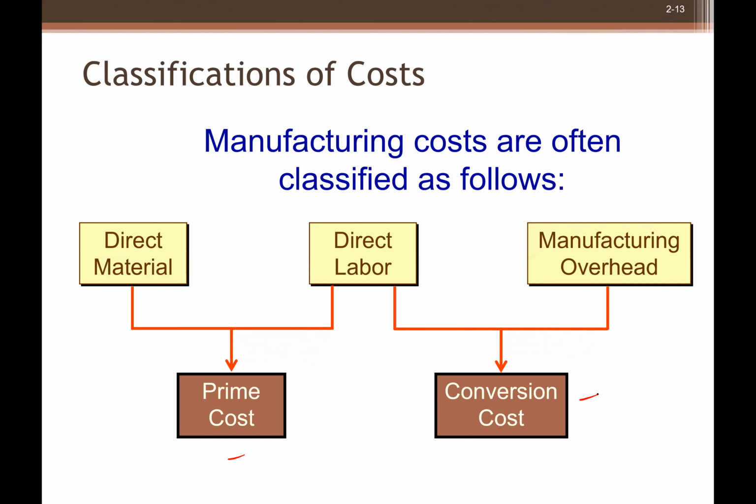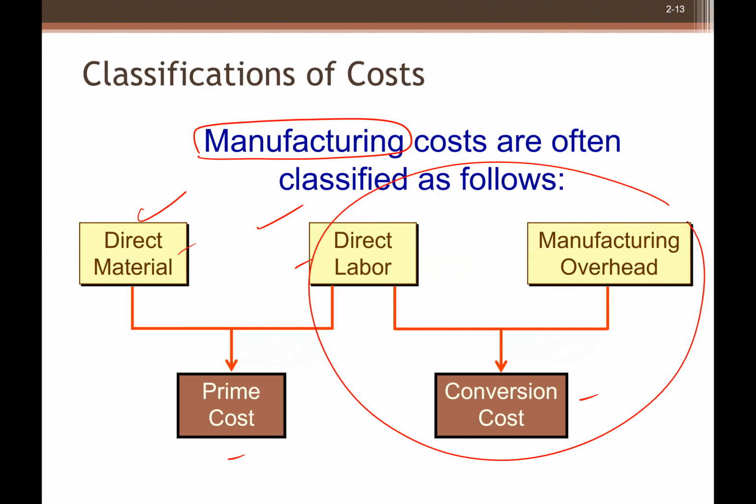So that the managers or managerial accountants can easily segregate whether we can control our cost or not. If they are a manufacturing business, they would be worried about prime cost. Why? Because in manufacturing, you need raw material and direct labor is going to be very high. So the manager's focus would be on decreasing the cost of either raw material or direct labor. And if the manager is in the high-tech or software industry, then he would be worried about conversion costs because direct material is very minimal to the business. Right? Any question?